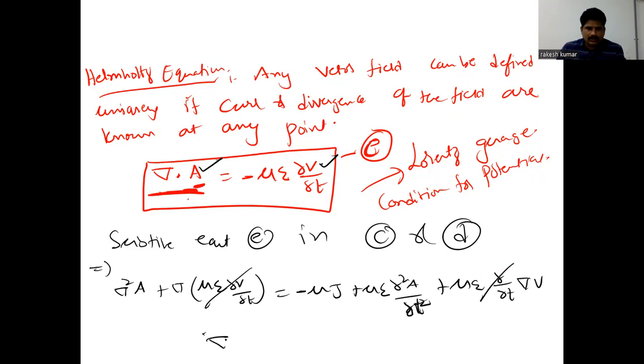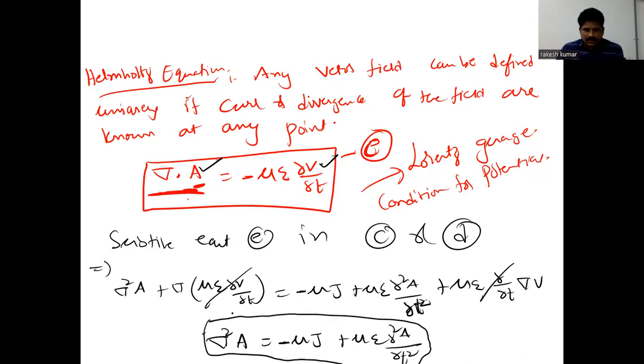Therefore this expression becomes del square A is equal to minus mu J plus mu epsilon into del square A by del t square. Let us consider this expression as F.